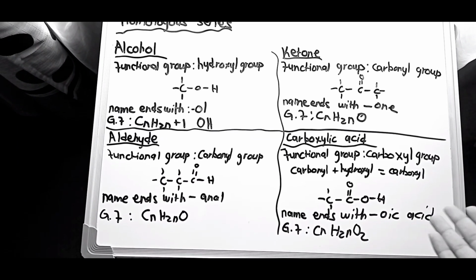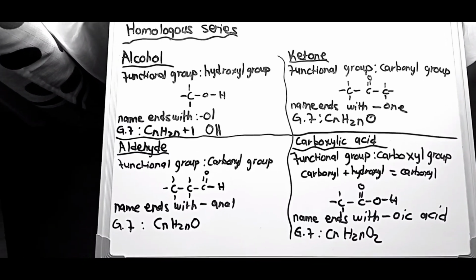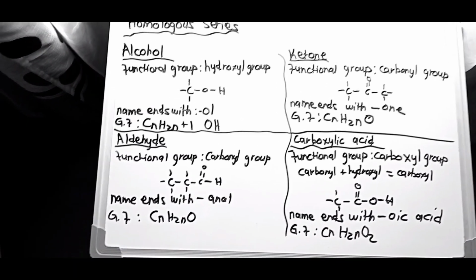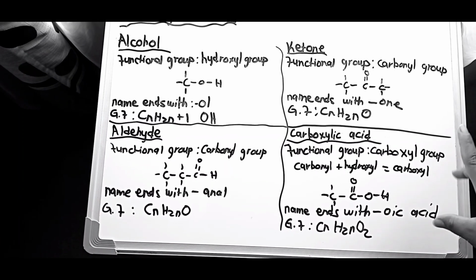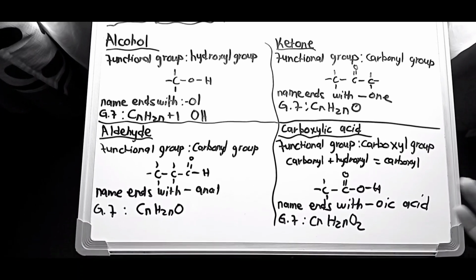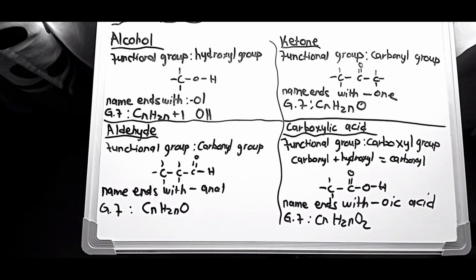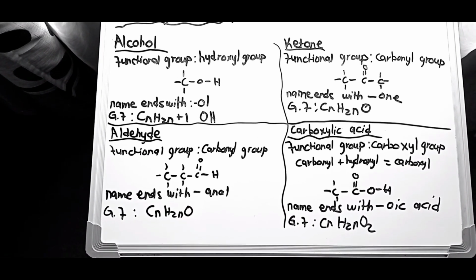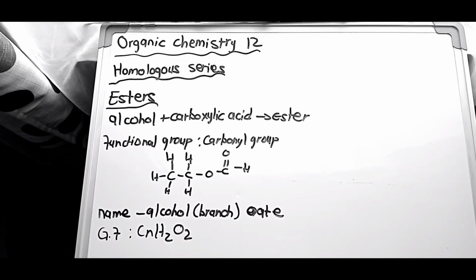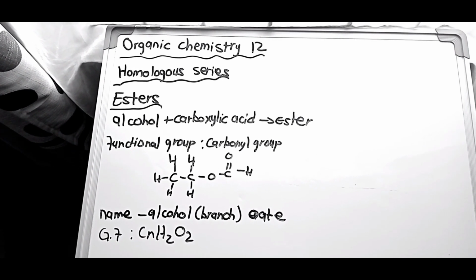So that's why it is composed of the carbonyl and hydroxyl, which give us the functional group of the carboxyl group. And the name ends with "-oic acid", methanoic acid, pentanoic acid, and so forth. The general formula is CnH2nO2.